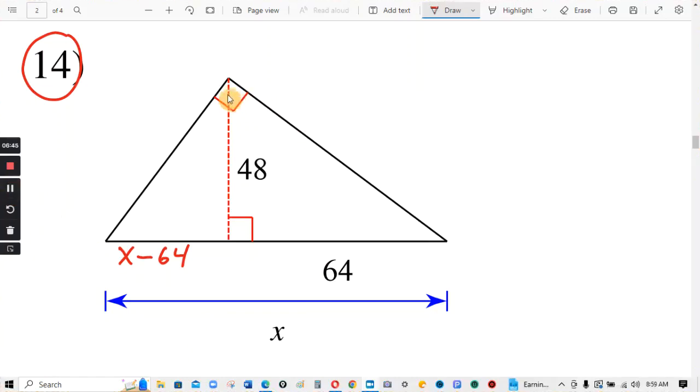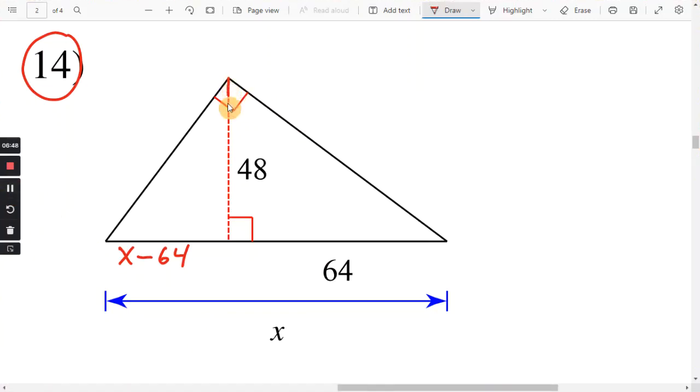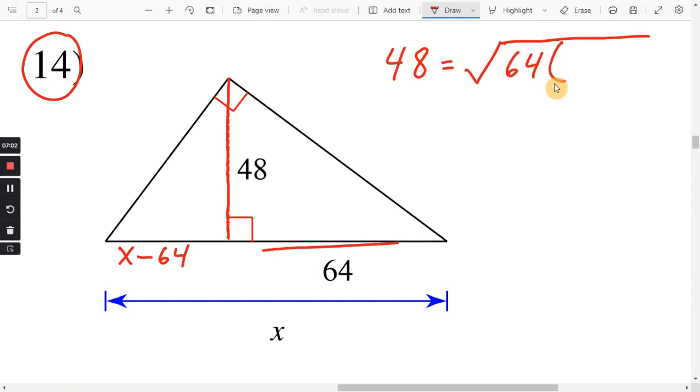All right, so here's the right angle. This right here is going to be the altitude. So that is 48, and that equals the square root of 64 times x minus 64.